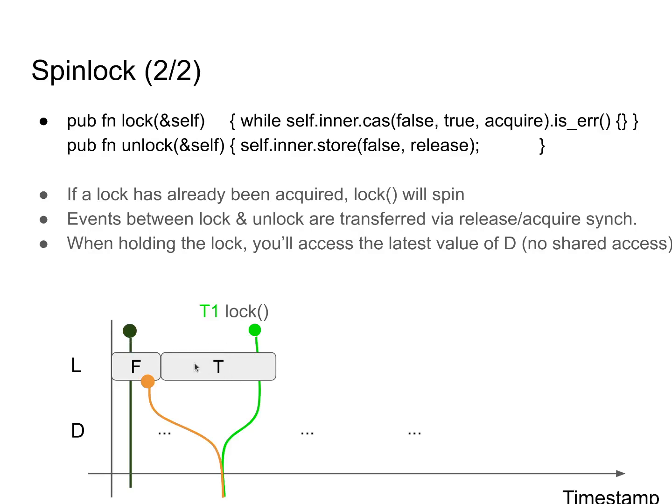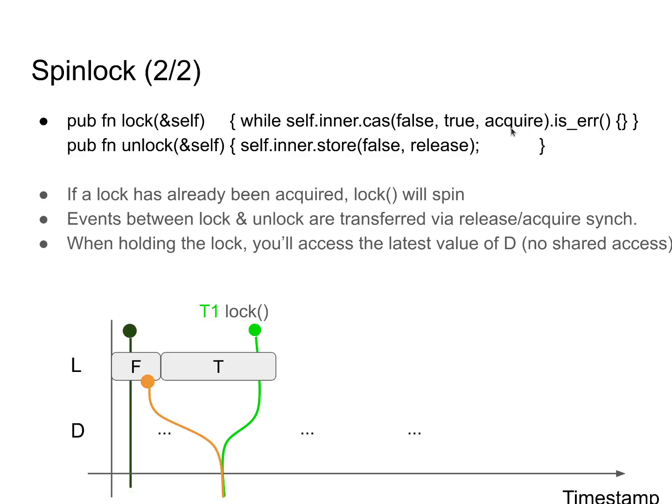The purpose of the lock is that T1 should be able to access the latest value of D. Or in other words, T1 should not access the stale value of D. As a result, T1's view should be updated to point to the latest value of D. And that's the reason why it should be acquire.